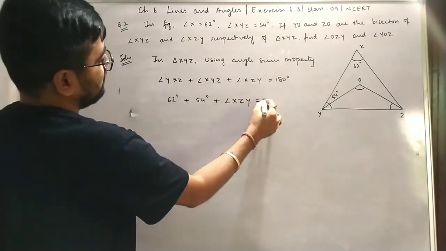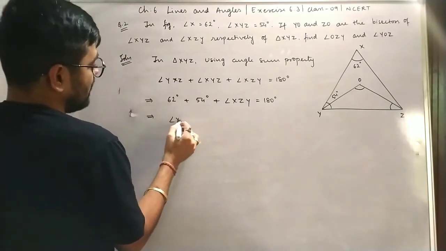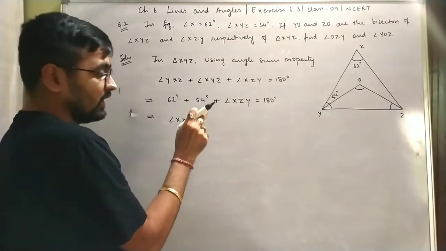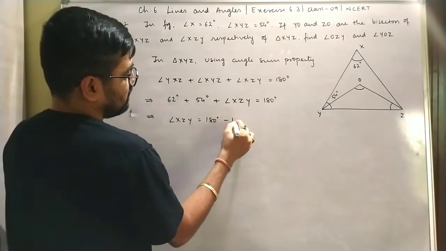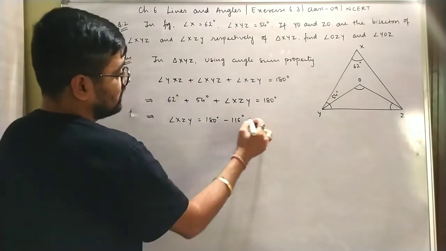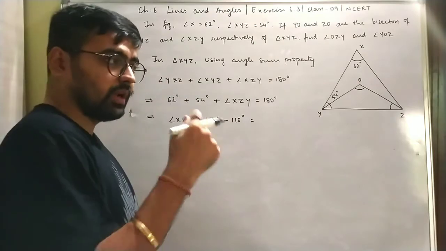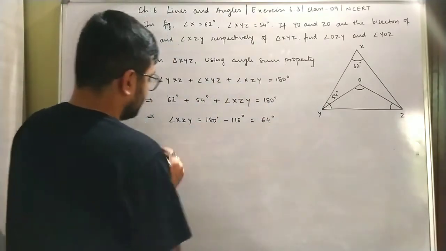Angle XZY we have to find. Simple. So angle XZY, how much? 60 plus 50 is 110, 110 plus 6 is 116. So 180 minus 116 is 64 degrees.